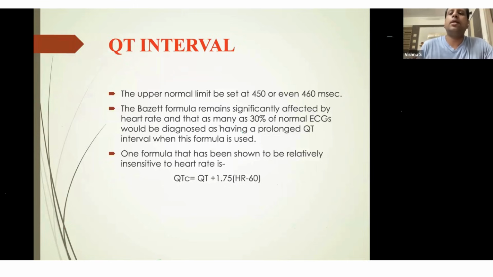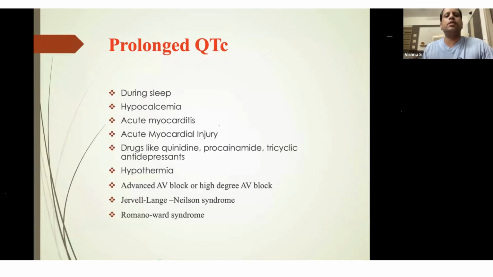Anything above 480 is definitely prolonged. In important clinical scenarios, during sleep there is bradycardia, so there will be some QT prolongation, but there will be beat to beat variability, and most of the time QTc will be within normal limits. And in hypocalcemia also QTc will be prolonged because of the calcium channel abnormality.